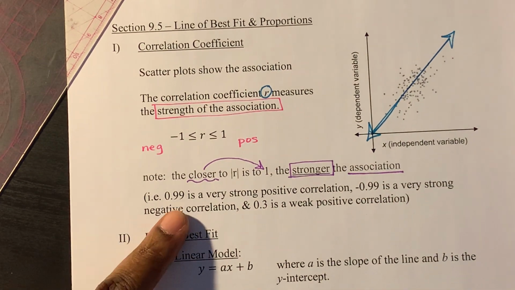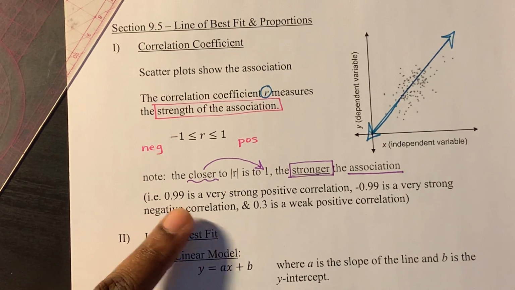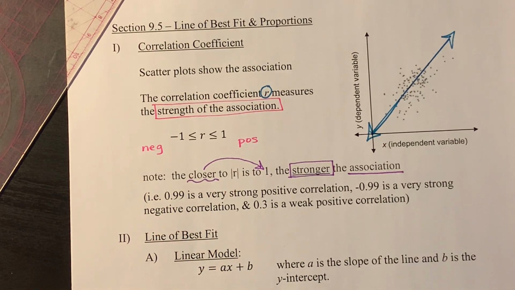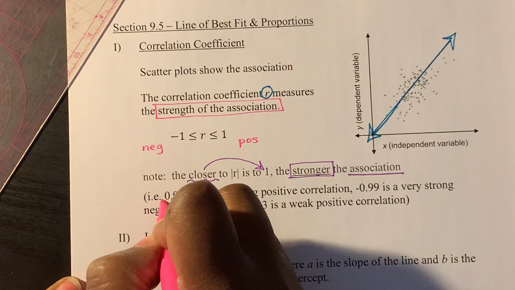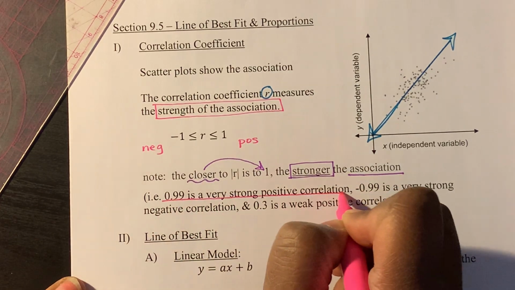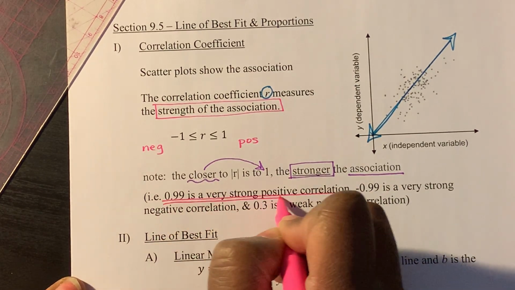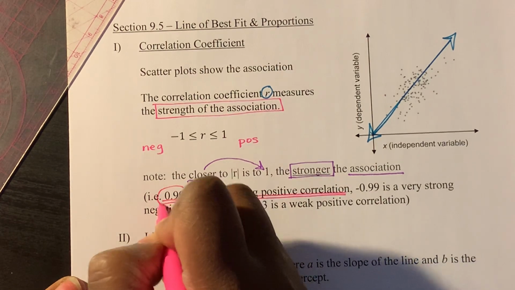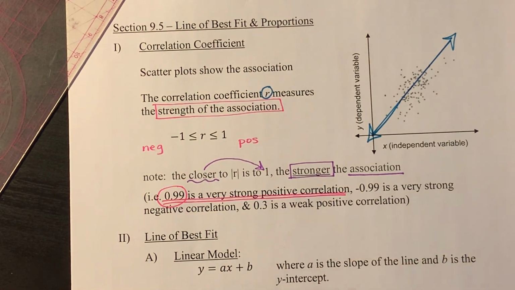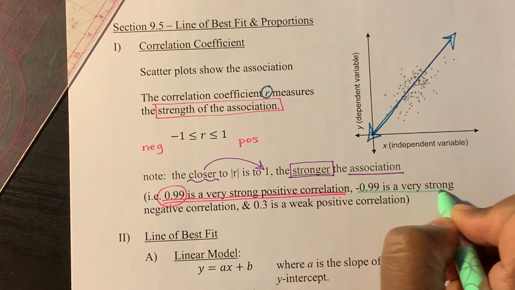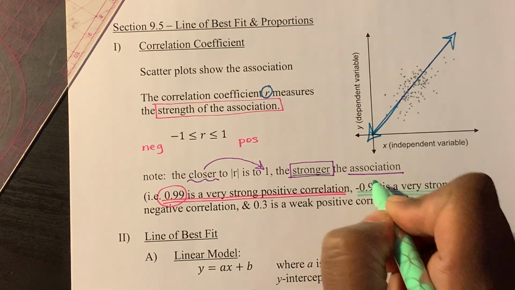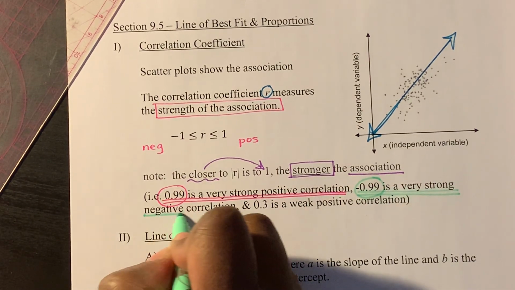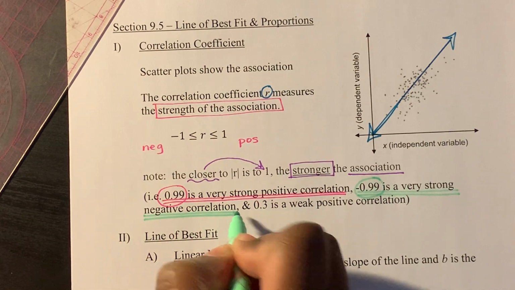If we're talking about a value like 0.99, that is going to be a very strong positive correlation for us. Or on the other hand, if we are talking about a negative 0.99, that's going to be a very strong correlation as well. It's just going to be a negative correlation.